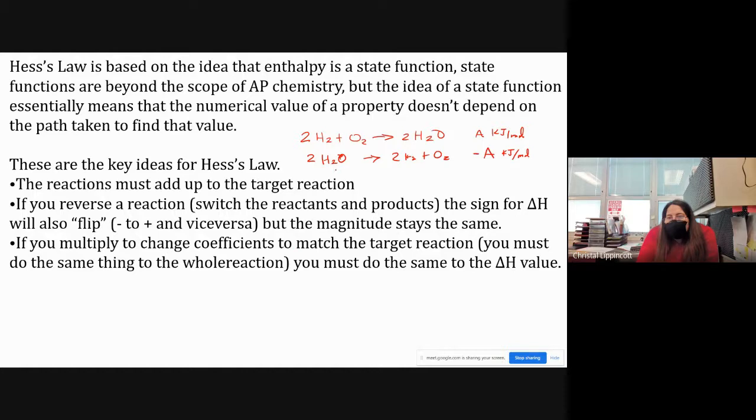Sorry, the delta H, when you write it into the equation, if it's negative, you put it on the product side and change the sign to positive. If it's positive, you just put it on the reactant side.